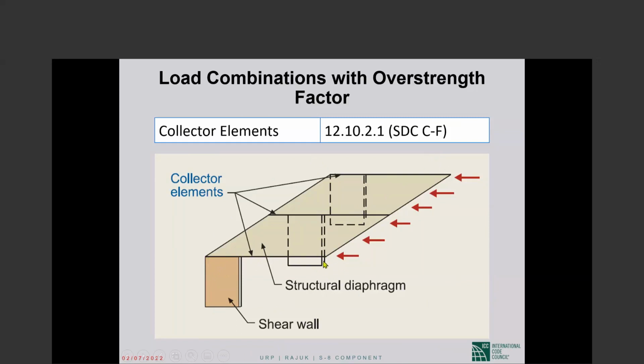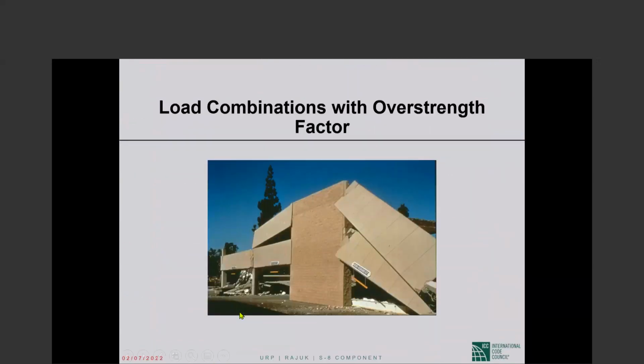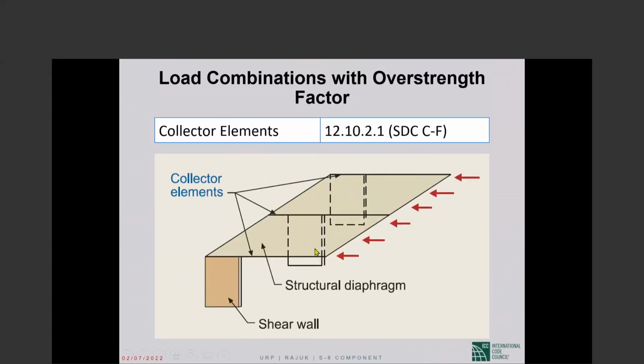But we have a situation where we have a 50-foot diaphragm edge and only 20 feet of shear walls. What happens now? You have to have something, a beam or at least a bunch of reinforcing bars that will collect the shears and then deliver them to the shear wall. And that element, the bunch of reinforcing bars or the beam, is a collecting element.